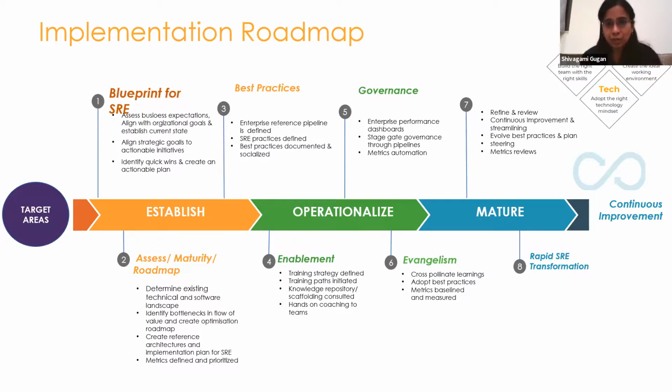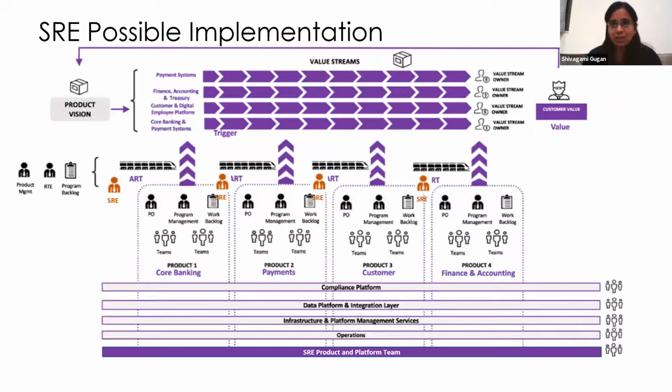The only thing we have to ensure is that these people have a very good growth mindset, which means if you bring somebody from the operational side, they are willing to understand application architecture and spend more time on the project side. Similarly, people coming from the application side have to hold the pager and work on operational automation excellence. When you do this blend, and they have the growth mindset, I have seen SREs really prospering.